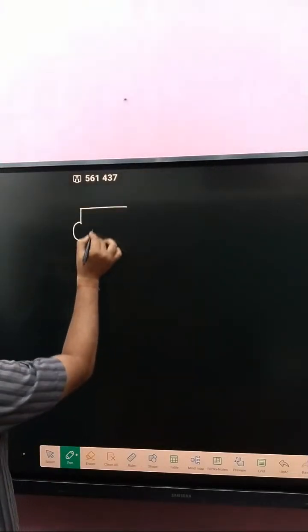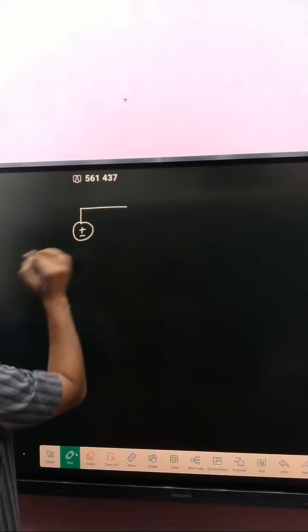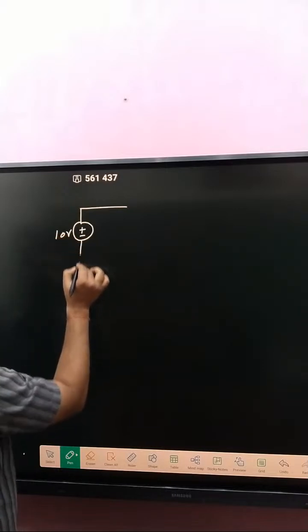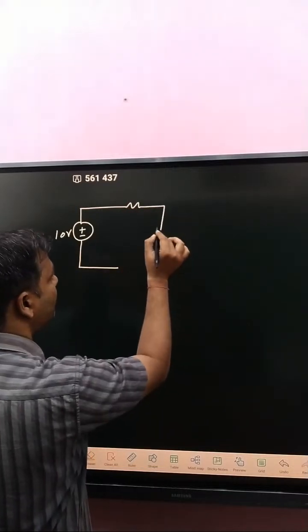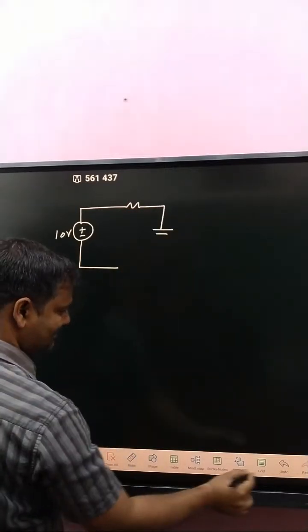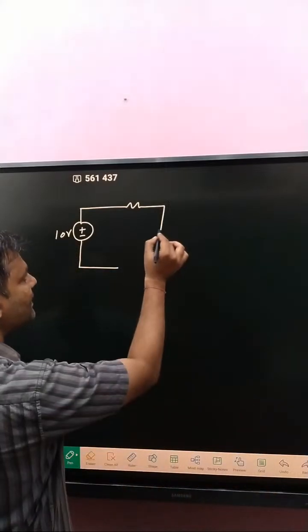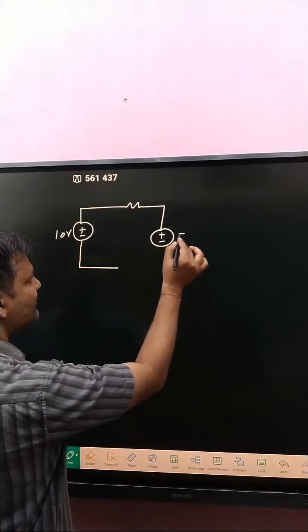Here 10 volt plus minus, that is 10 volt. And that is plus minus 5 volt.